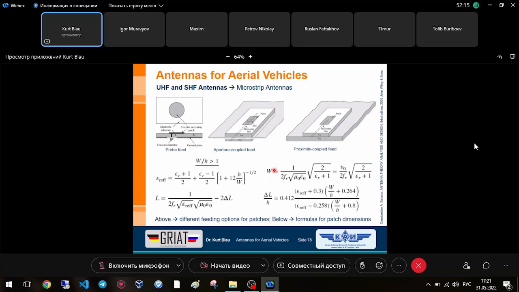Here we have some formulas. It's not necessary to discuss these cases, only for you as a guideline if you have some interest in looking for such a patch antenna.